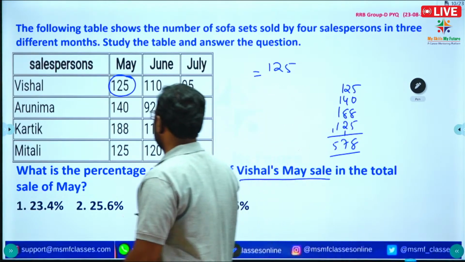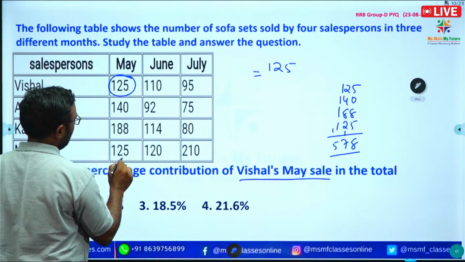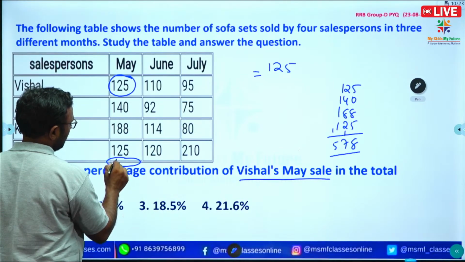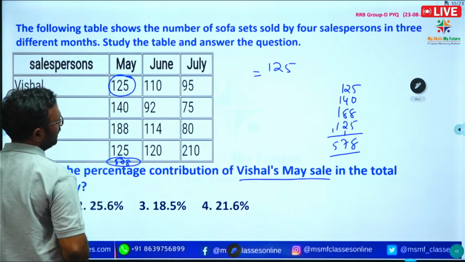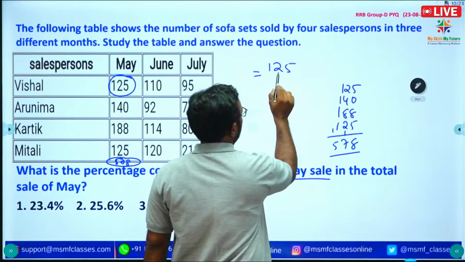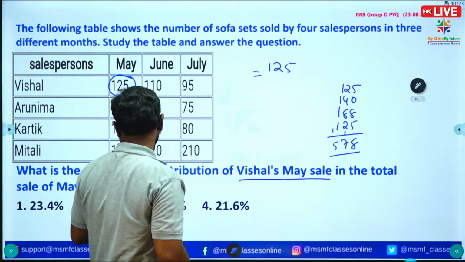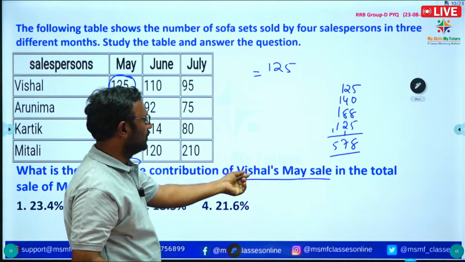The total of sales in the month of May is 578.